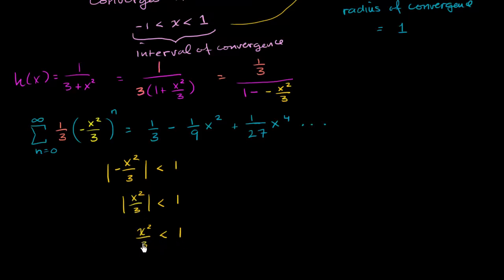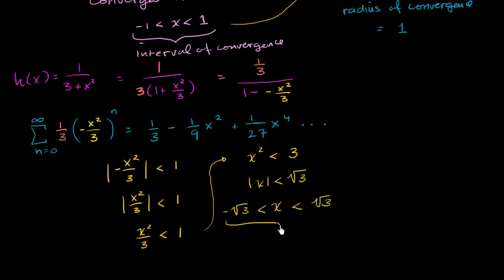And so we can multiply both sides by 3 to say that x squared needs to be less than 3. And so that means that the absolute value of x needs to be less than the square root of 3. Or we could say that x is greater than the negative square root of 3, and it is less than the square root of 3. So this is the interval of convergence.